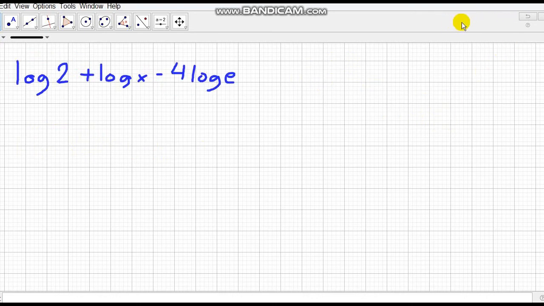Okay, let's have an example here. We have log of 2 plus log of x minus 4 log of e. Let's compress this expression into a single logarithmic expression. We will be applying the different laws of logarithm so that we can combine all of them together.